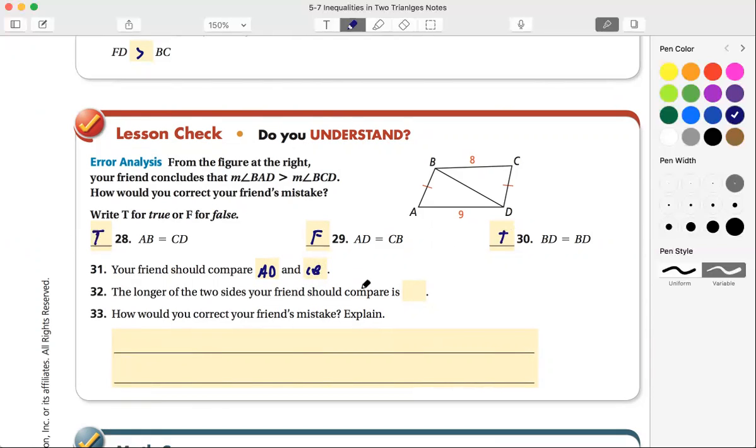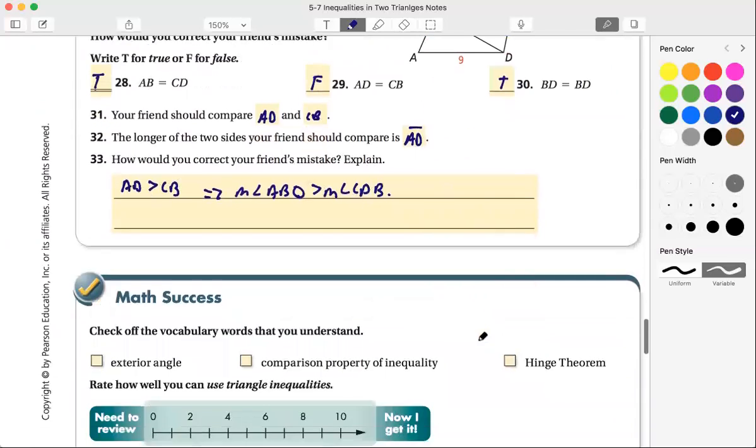The longer of the two sides your friend should compare is AD. So AD should be greater than CB. So we're going to conclude that the measure of angle ABD is greater than the measure of angle CDB. And that's the end of that section.